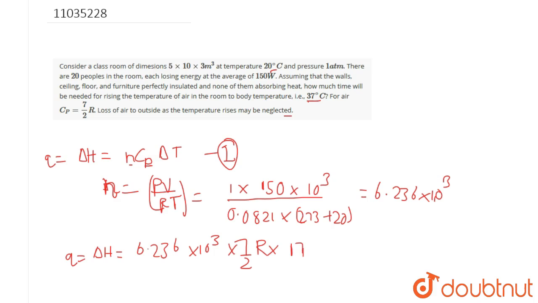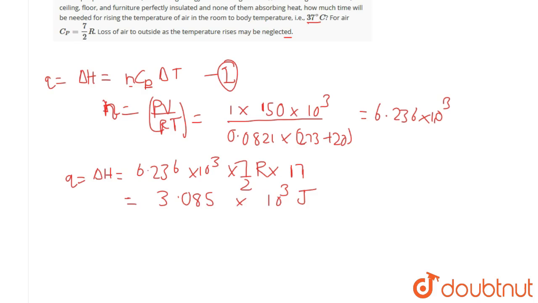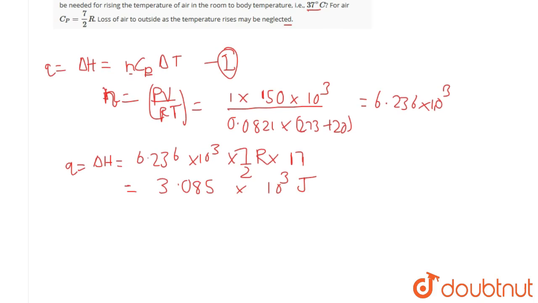That is the difference will be 17 only. So if you calculate this, you will get delta H as 3.085 into 10⁻³ joules. So this is the amount of heat that is needed.